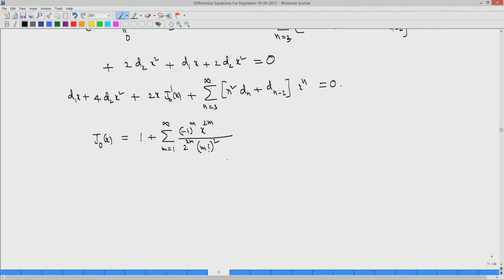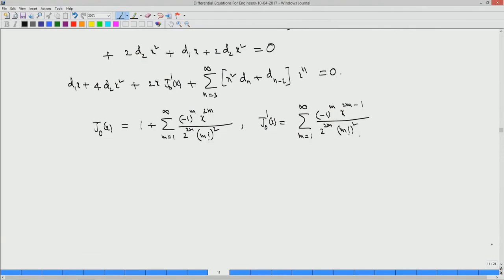So this is your J0 of x. You need J0' of x, which is the sum over m from 1 to infinity of (minus 1)^m x^(2m minus 1) divided by 2^(2m) times (m factorial) squared. This is your J0'.